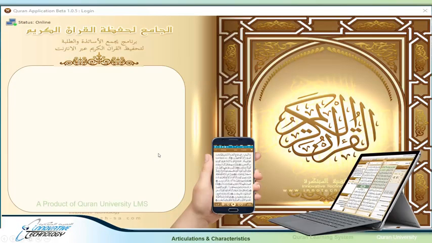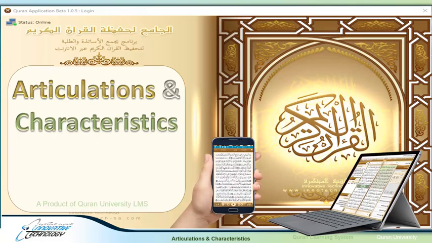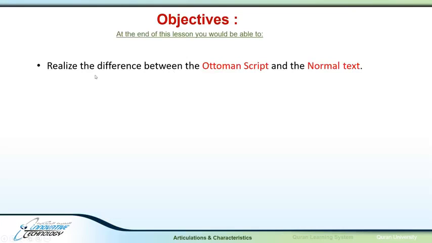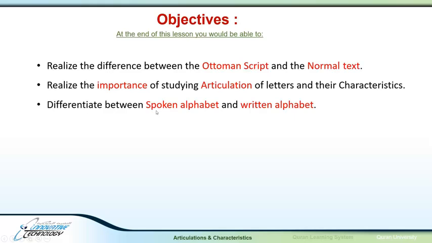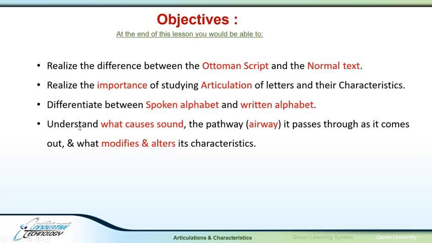So let's start, Bismillahir Rahmanir Rahim, with our topic for this lesson, which is articulation and characteristics of Arabic letters. The objectives of this lesson are set to allow you to realize the difference between Ottoman script and normal text, and then help you to realize the importance of studying articulation of letters and their characteristics, and then help you to differentiate between the letters of the spoken alphabet versus those of the written one, and understand what causes sound, the pathway, the airway it passes through as it comes out, and what modifies and alters its characteristics.